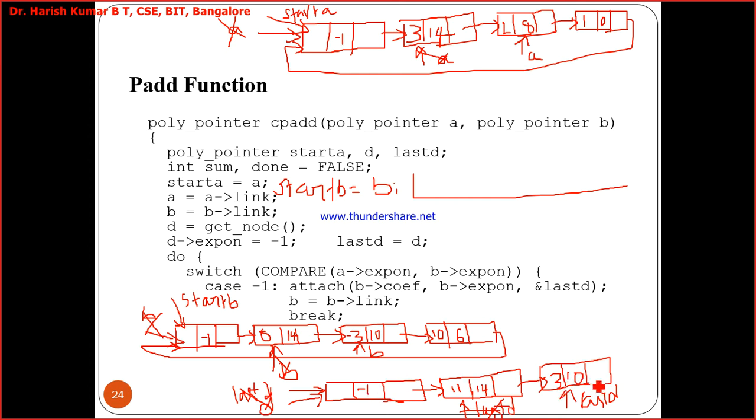How do I store it? D is still pointing to this first node, but last D is pointing to the last node. Now tell me the statement, how to store the address of this node here. So I want to store the address of this first node here.